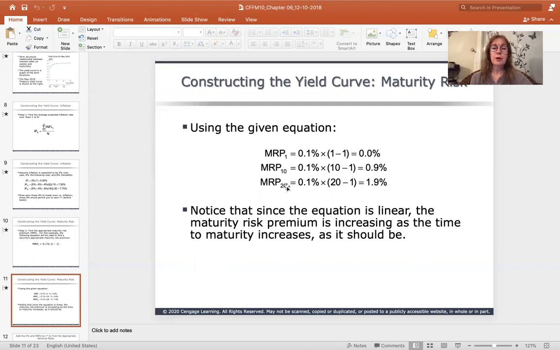If you had a 20-year bond, you multiply the 0.1% times 19. It's going to be 19 years. It's going to be 1.9. If you had a 1-year bond, remember with a 1-year bond, there's no maturity risk premium. That's why we have the T minus 1 in the formula here, because on a 1-year bond, you'd have a 0 maturity risk premium.